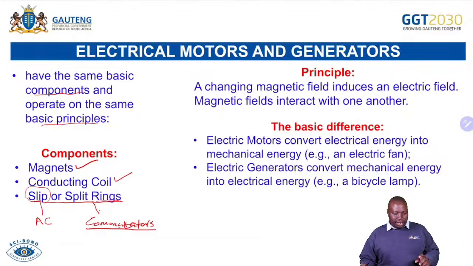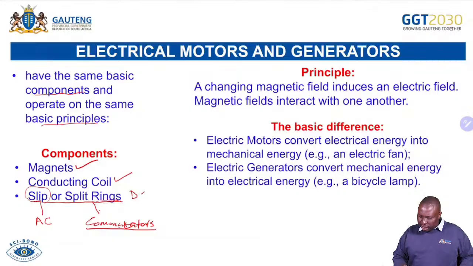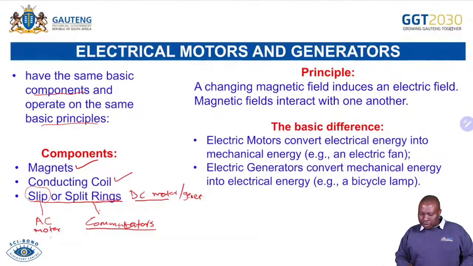So we're saying AC is slip ring. DC is split ring. That is for DC motor or generator. So both motors and generators, we have DC motor and DC generator. We have AC motor and AC generator.